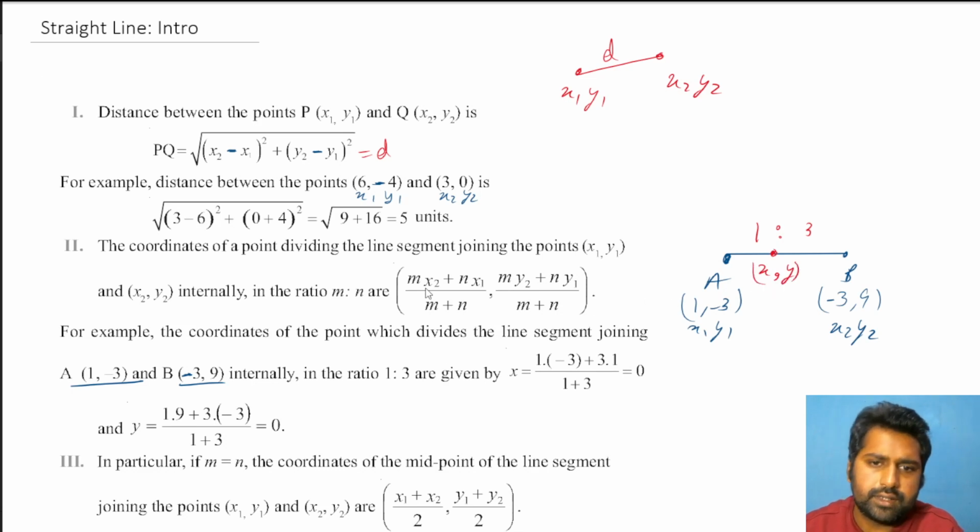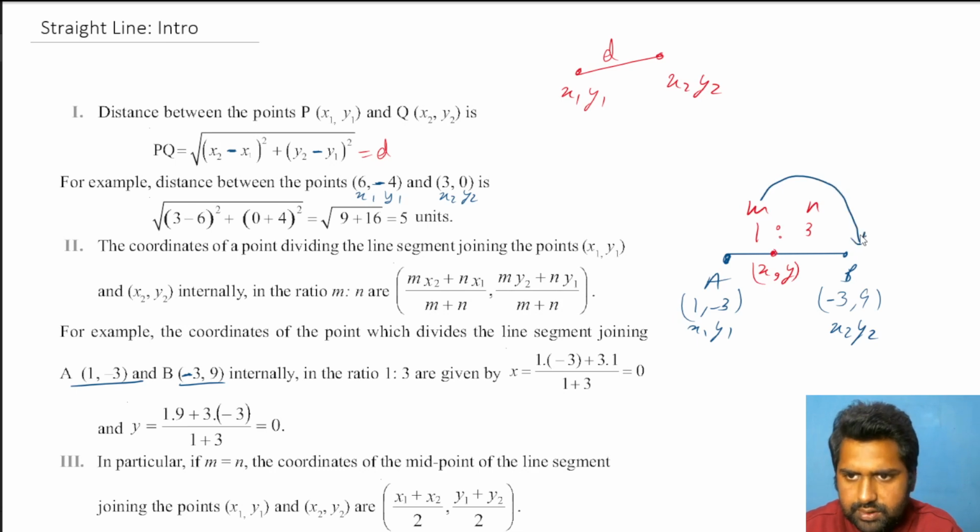The x coordinate is given by this formula: mx2 plus nx1, where this is your m and this is your n, the ratio m:n. Basically, you multiply this ratio with this coordinate and this ratio with this coordinate.